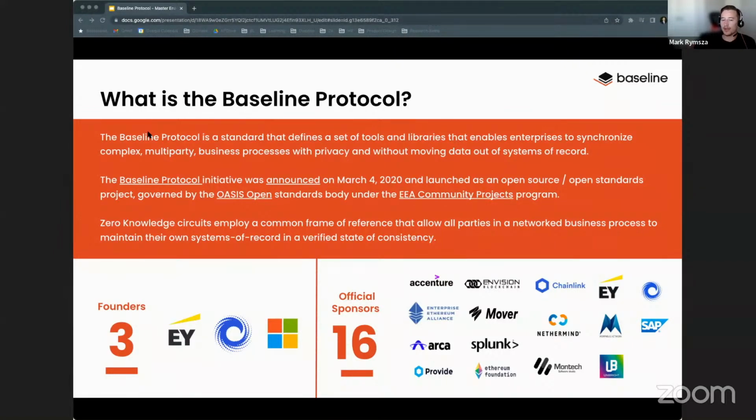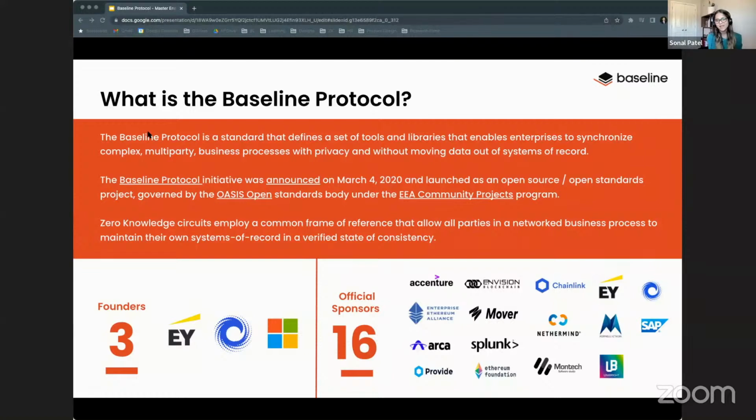They employ a common frame of reference for all parties, and those proofs that prove the correctness of data consistency or compliance get anchored onto the blockchain, and that's how the protocol essentially works. There are 3 founders here. It was founded by EY, ConsenSys, and Microsoft, and we have 16 official sponsors of the protocol. Sonal, I don't know if you want to highlight anything in particular about the sponsors.